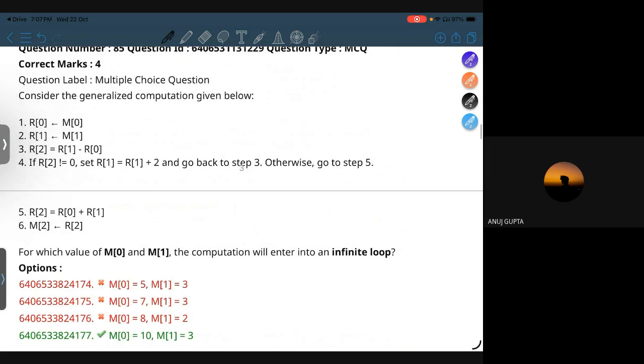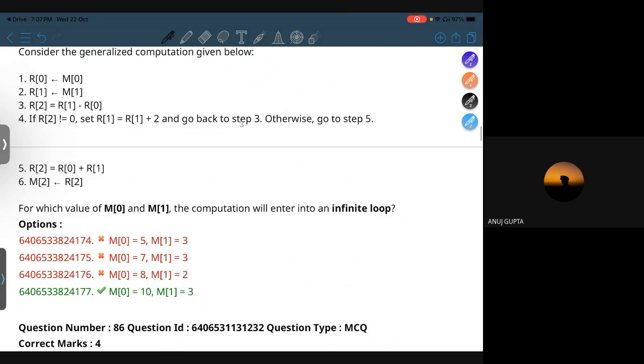ठीक है, then for which value of m0 and m1 the computation will enter into an infinite loop. ठीक है, let's simplify this. So r0 is storing something from m0 and then r1 is storing m1 and r2 is basically r1 minus r0.